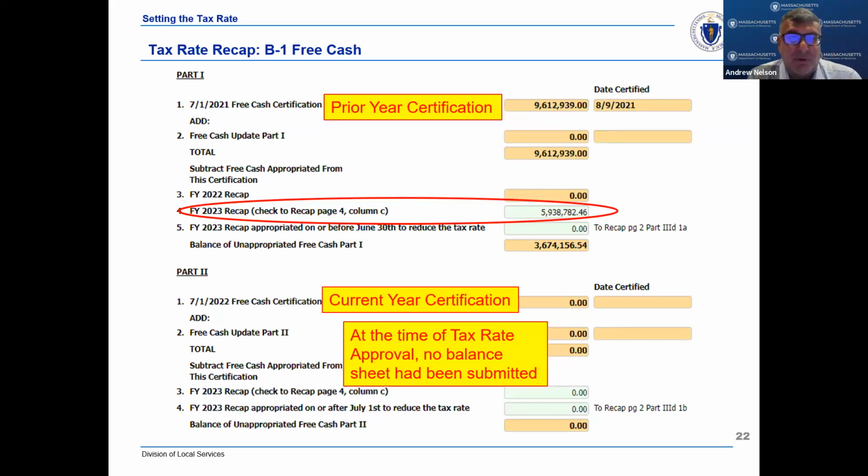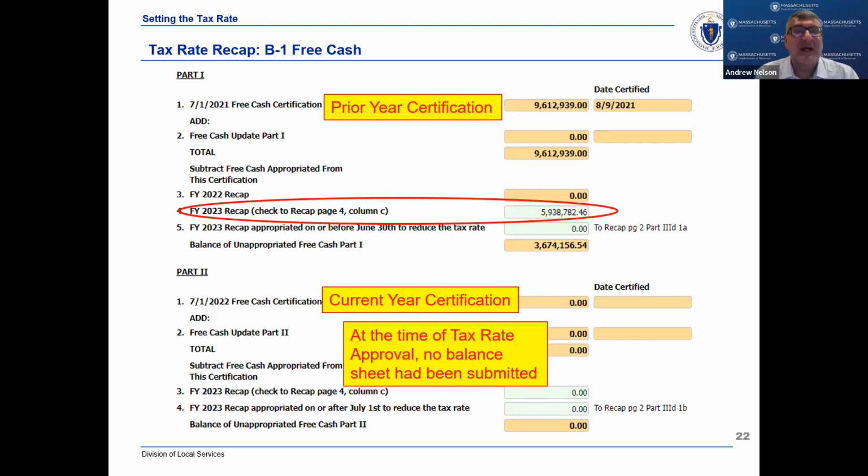Part 1 is the prior year. This is free cash that was certified. If we're using the traditional cycle, your free cash is generally certified in the fall. You're setting your recap a few months later, but your town meeting was in the spring. This is money that was available to you in the spring that you voted prior to June 30, when free cash expires.